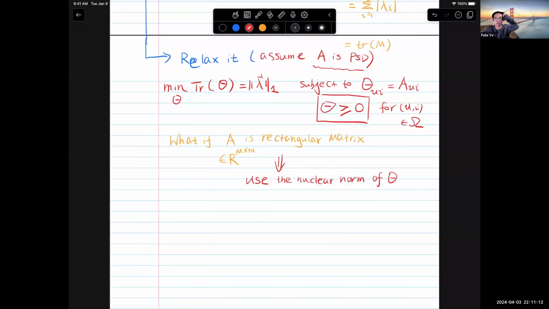So what is the nuclear norm? Basically this is the sum of the absolute values of the eigenvalues. But I want to remind you, if it is positive semi-definite, then the eigenvalues and the singular values are the same. So basically eigenvalue decomposition is the same as singular value decomposition. But for a rectangular matrix, we don't have eigenvalue decompositions, but we always have singular value decompositions.